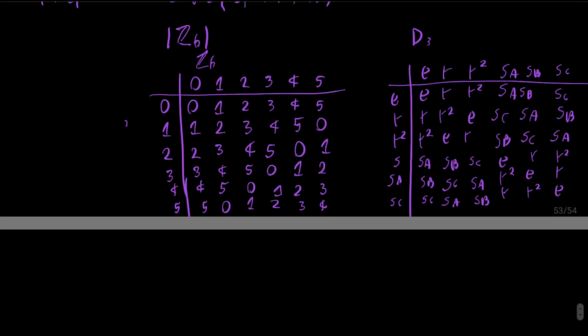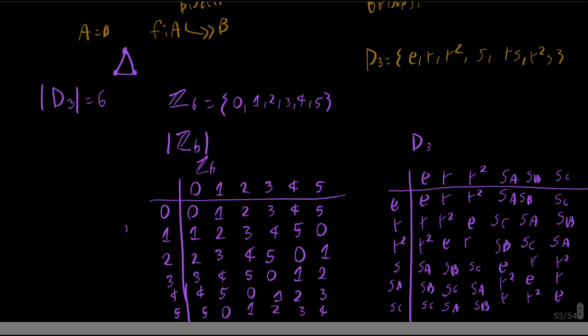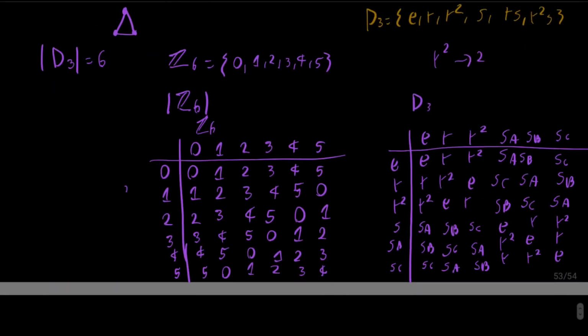And now I want you to focus your attention on something. The bijection we constructed was that, for example, we mapped r squared to 2. Now let's compare these Cayley tables. Let's see that 2, which we could see as the image of r squared under this map, if we combine it with 2, then what we get is 4.